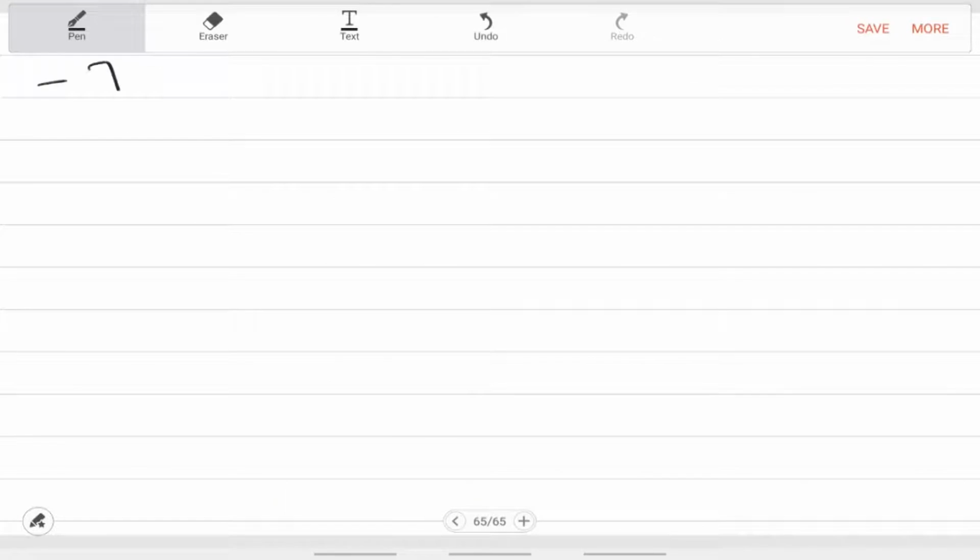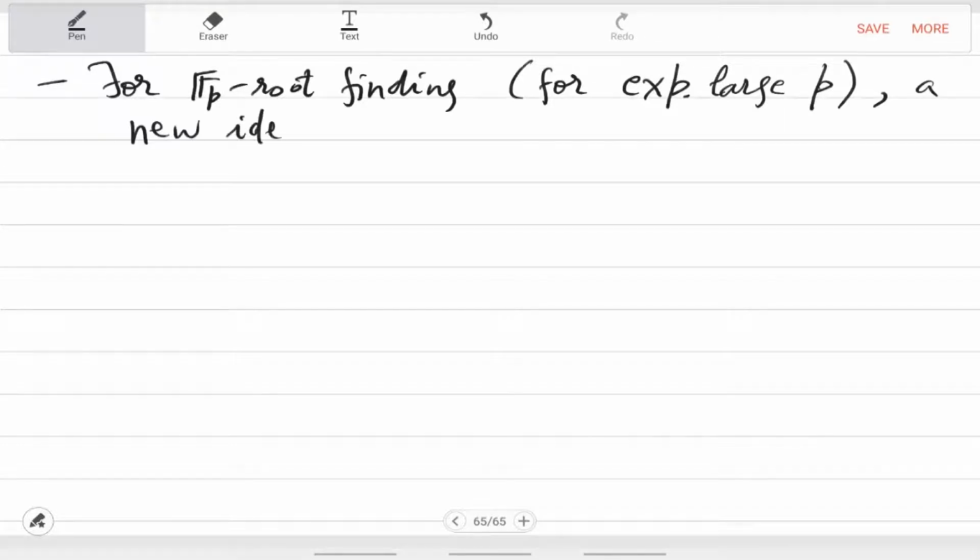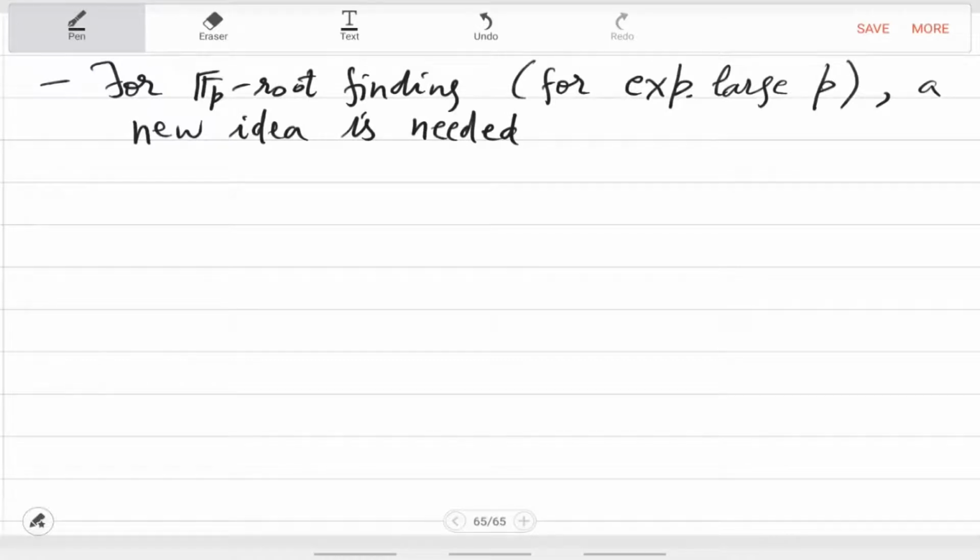So for exponentially large p, a new idea is needed now. It's very old fashioned, and we will actually need randomization.